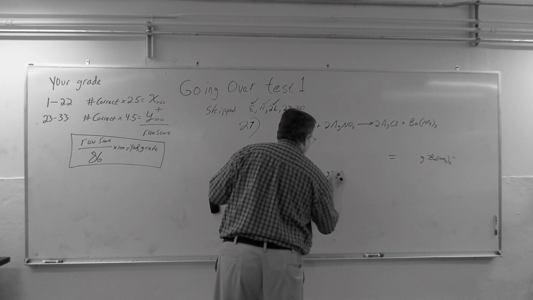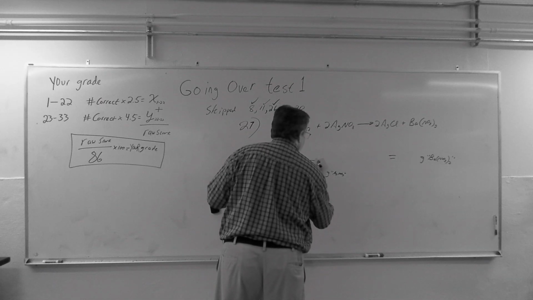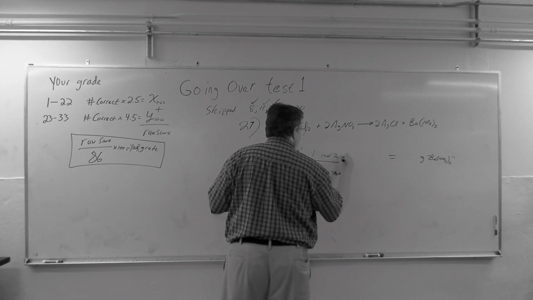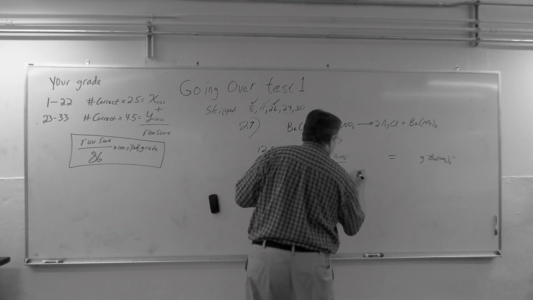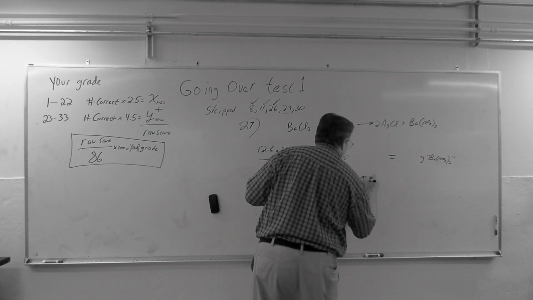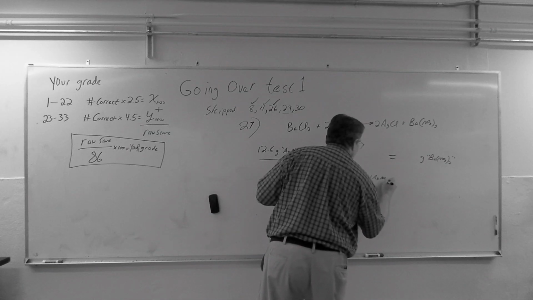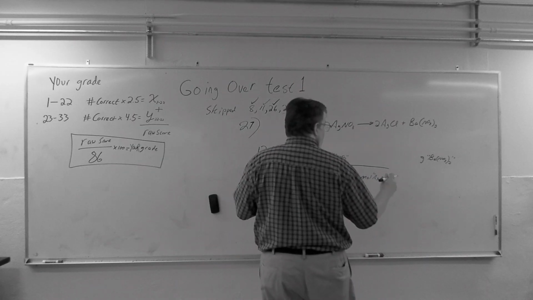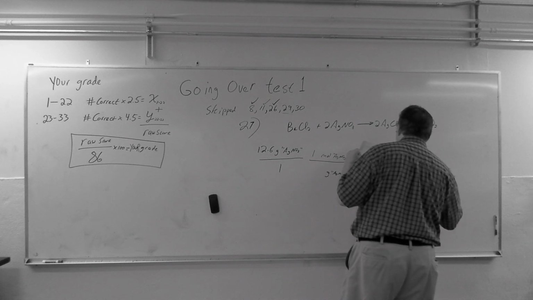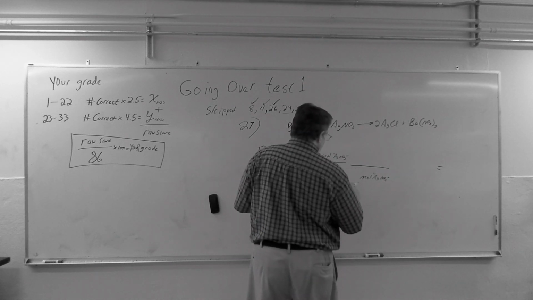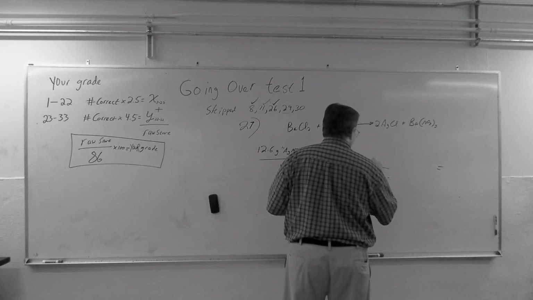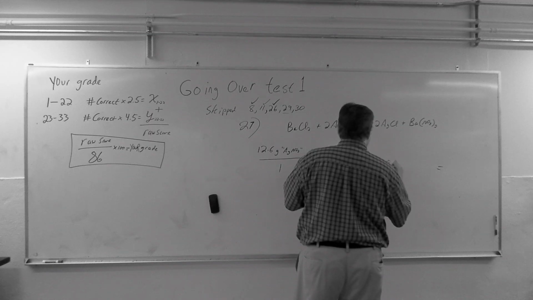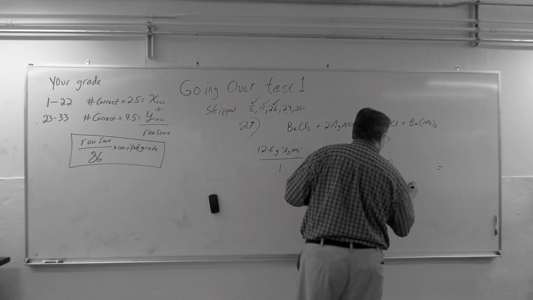We're going to use grams of AgNO3 on file. Grams of this. 1 mole of AgNO3, 2 moles, and 1.